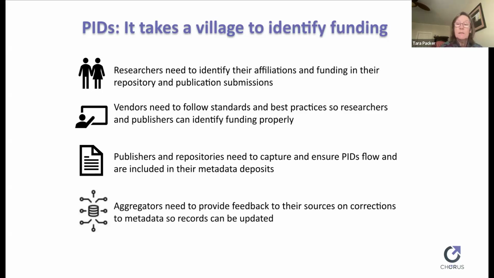Manuscript tracking systems, as I noted earlier, the vendors need to make sure that there are standard utilities to use and that they're stable. So that way the proper funding can be collected. And then publishers making sure that they're using those standard utilities. I know that we have some publishers that have their own systems that they use, and that's fine. It's just make sure it's a very stable system so that way we can correctly record the proper metadata and PIDs.